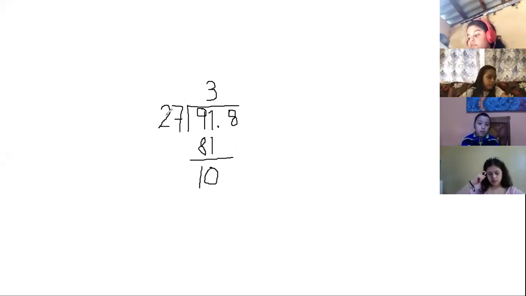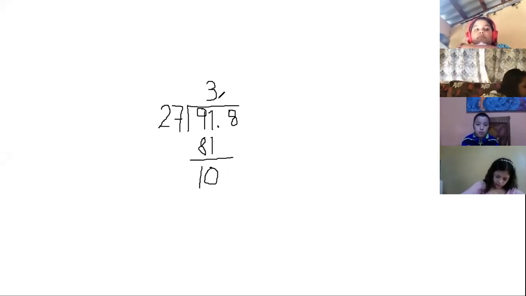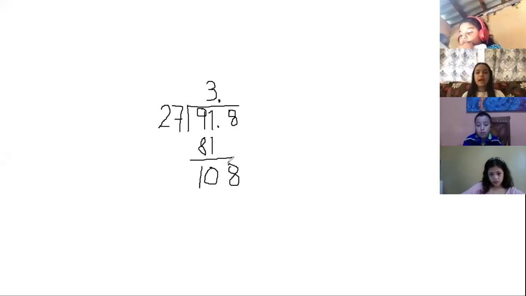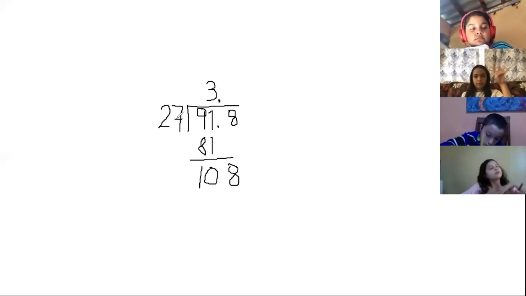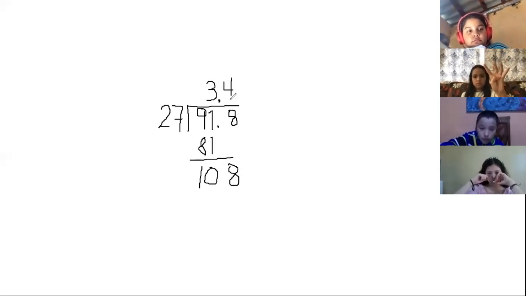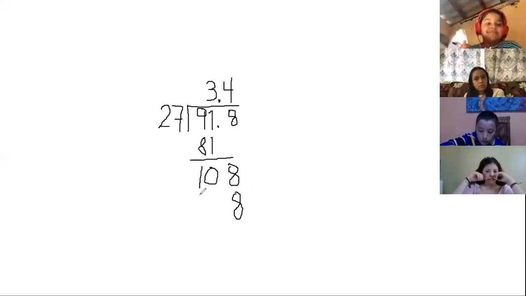But I have a number here, so I write a period, bring down the 8, and find a number that gets close to this number, and that is 4. 4 times 7 is 28. 4 times 2 is 8, plus 2 is 10.